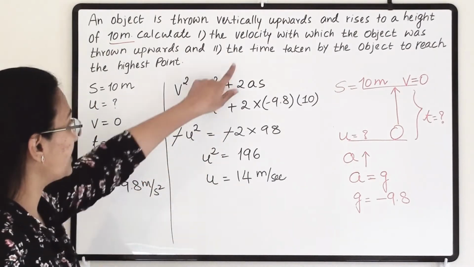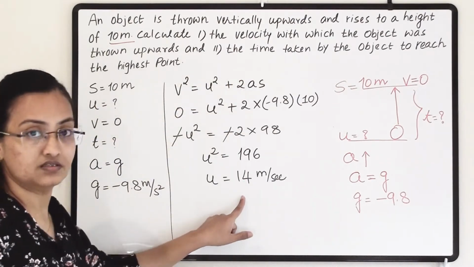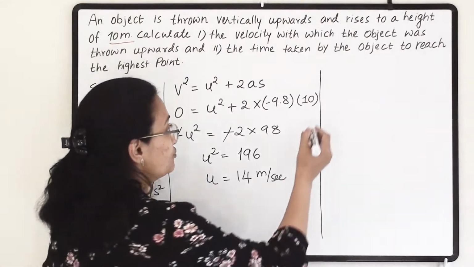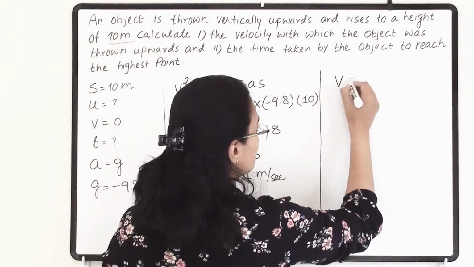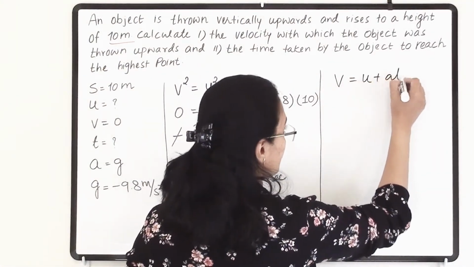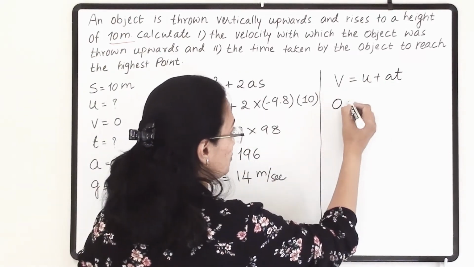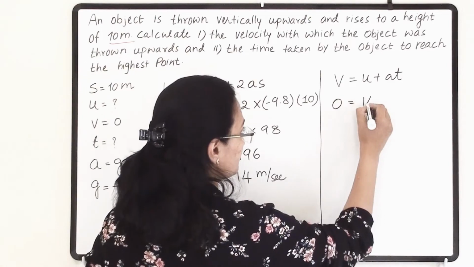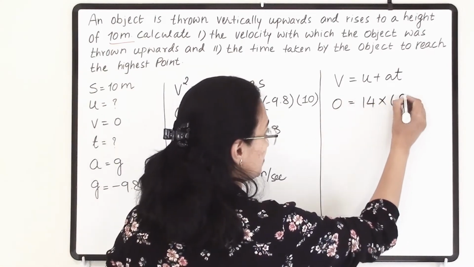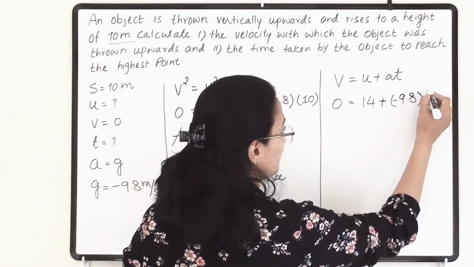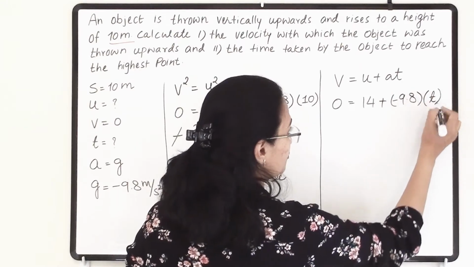Now we have to find out the time taken by this object. For that we are going to use v equals u plus at. So v is the final velocity, which is 0, u is 14, acceleration is minus 9.8, and time is what we are going to find out.